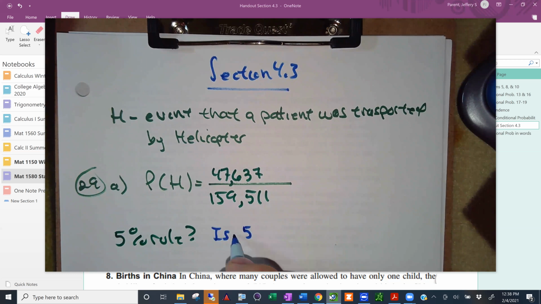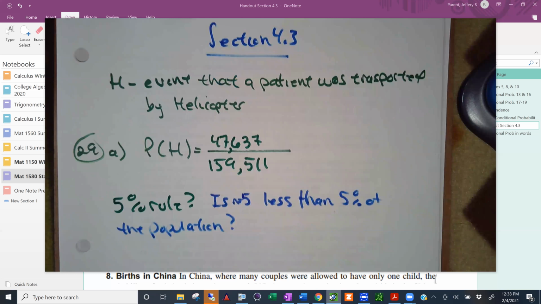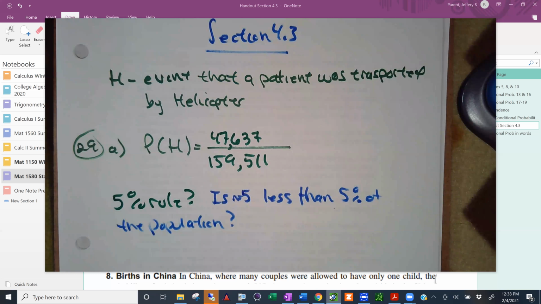Is n equal 5 less than 5% of the population? Yay or nay? It is less than 5%.